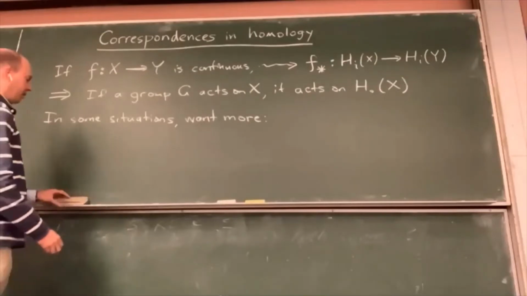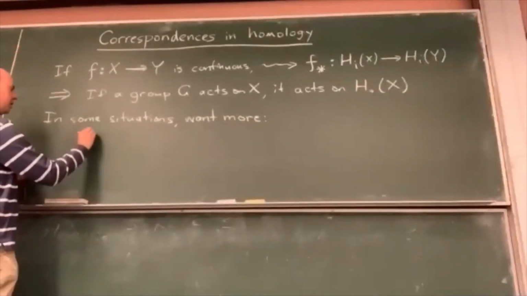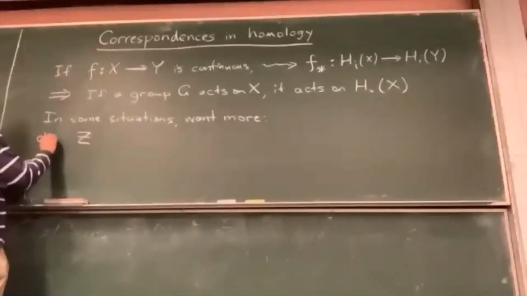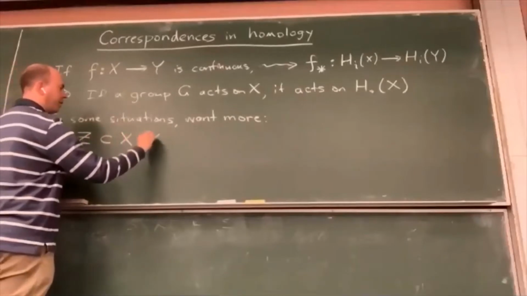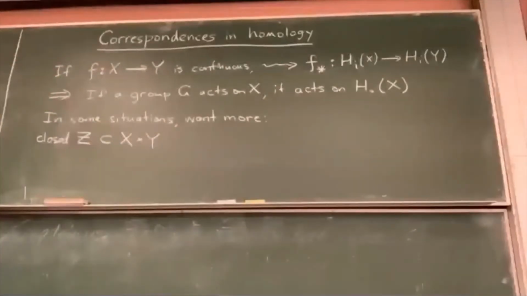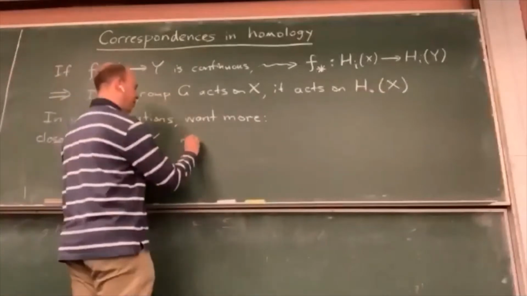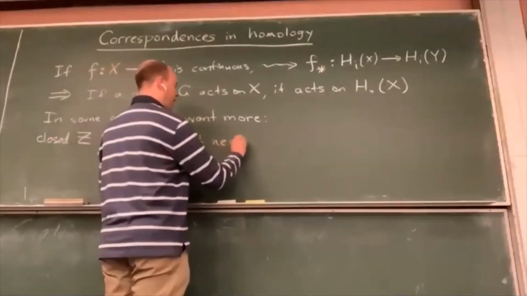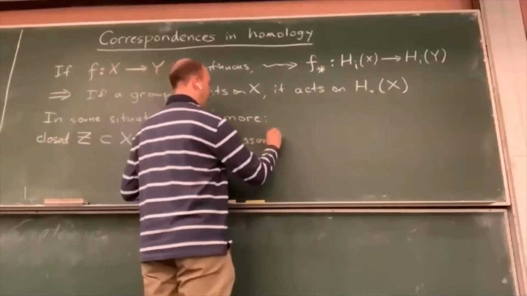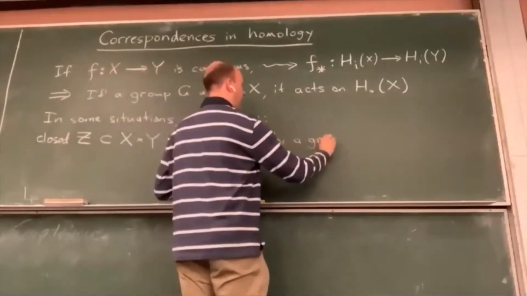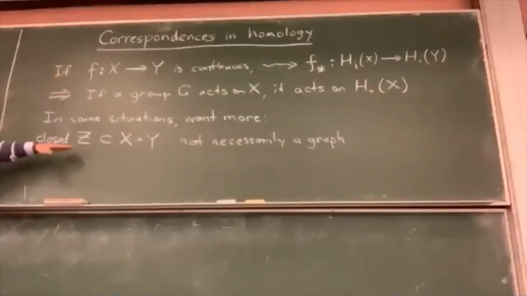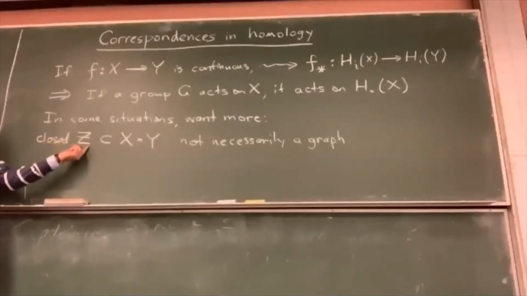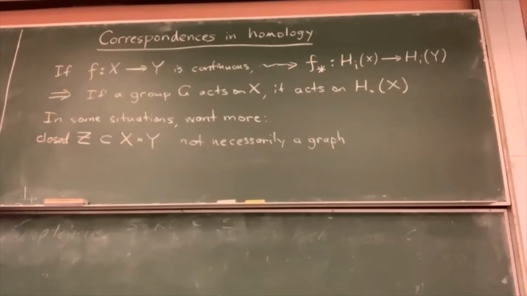So the sort of situation I have in mind is that you have a closed subset Z of the product of X and Y, which is not necessarily the graph of a continuous map. So the previous case would be represented here by the case where Z was the graph of F. But suppose you have some closed subset of the product that's not necessarily the graph of a map.